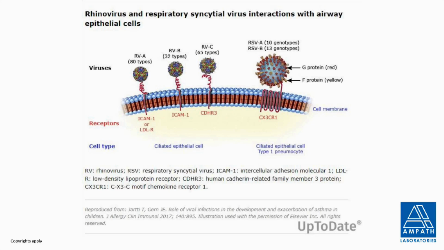To note the many different serotypes in your rhinovirus A, B, and C, as illustrated, more than 100 subtypes of this rhinovirus, and they tend to attach to your intercellular adhesion molecule 1 and your low-density lipoprotein receptors. Your RSV A and B tend to use your fusion protein to attach to the cell membrane, and they have a predilection for your pneumocytes as well.